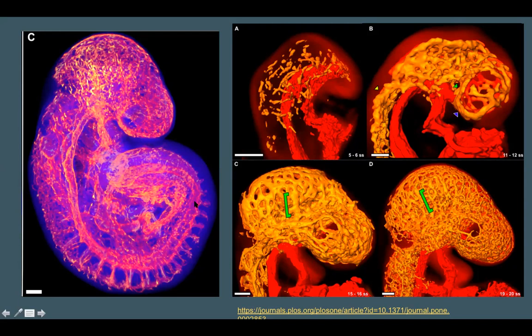So these first images here, A and B, are outlining the first stages of vascular development, which includes the de novo establishment of primitive vessels. This is through a process called vasculogenesis. As you can see, it produces a discontinuous network of blood vessels that are starting at multiple different points throughout the embryo.